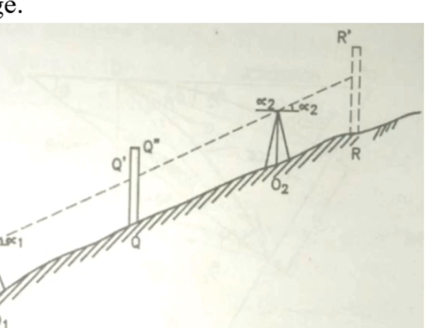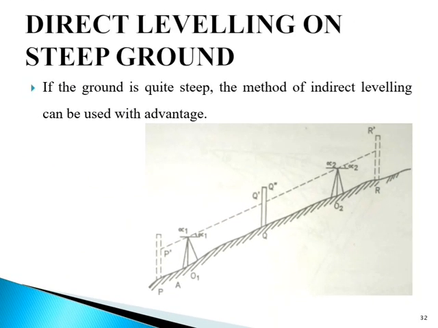Take a foresight RR dash on the staff held at the point R without changing the vertical angle alpha 2, and measure the sloping distance QR. Then RL of R will be RL of Q double dash plus QR sin alpha 2 minus RR dash.